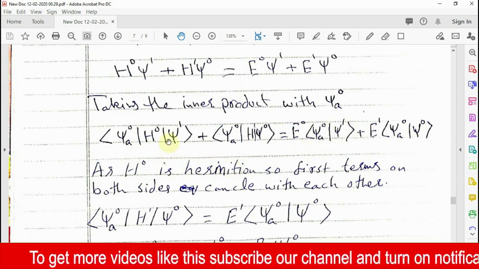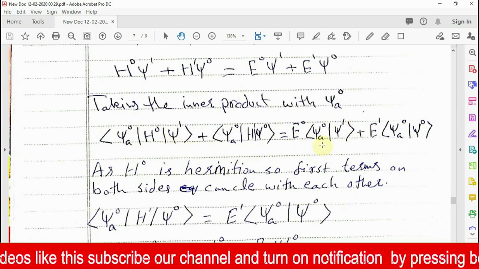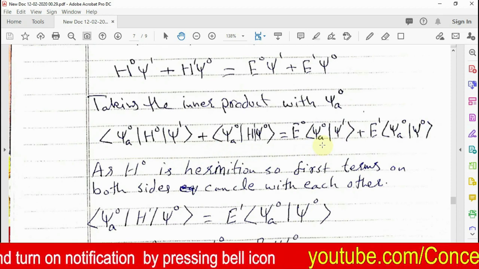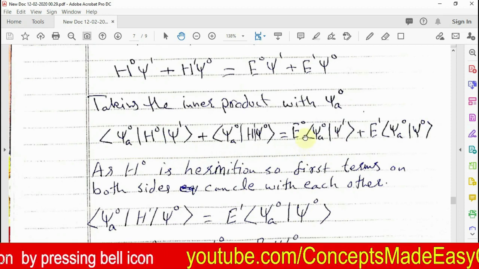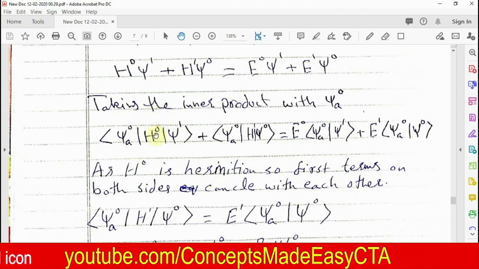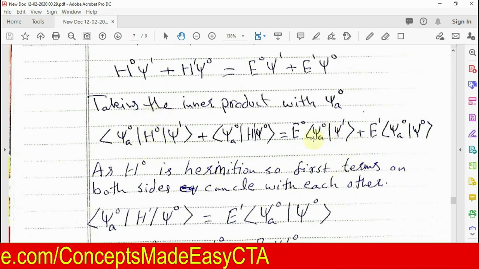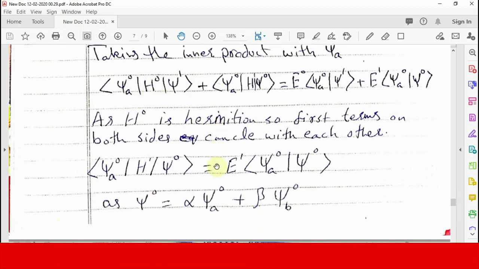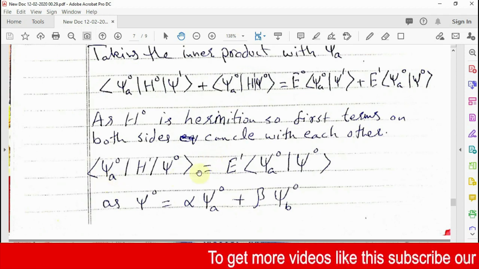We have already done this in one of our previous homeworks, so you can consult those notes for its solution and prove that these two terms are equal and will cancel each other. Then we are left with this term and this term over here.